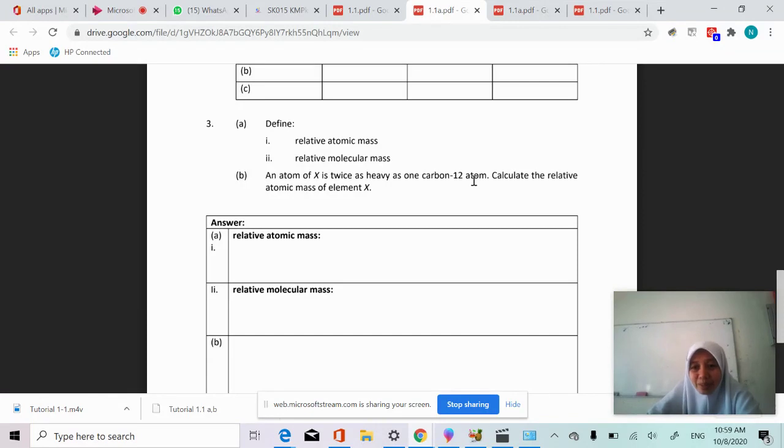It is mentioned in the slide before. Twice, what is the meaning of twice? Okay, you are big enough, so you know what is the meaning of twice. And can you calculate the relative atomic mass of X? Write the formula first and then substitute what you know. Then we'll have a look at what you get. Right, I'll stop here.